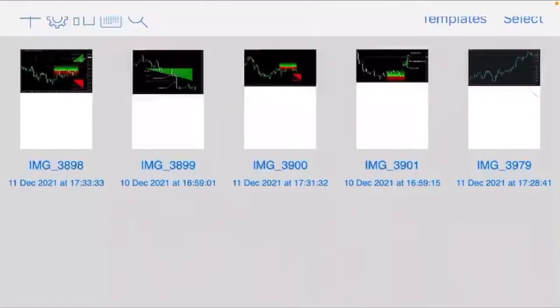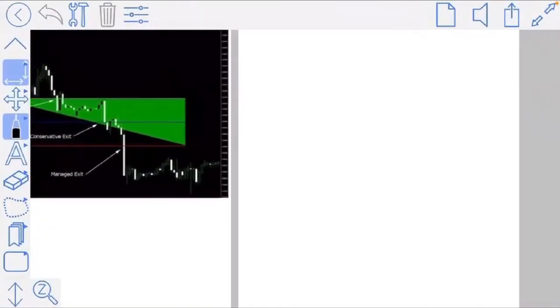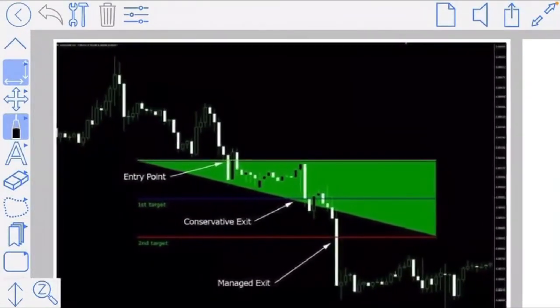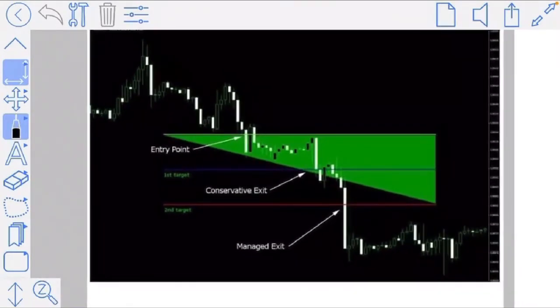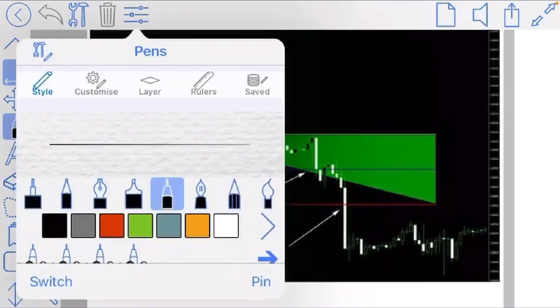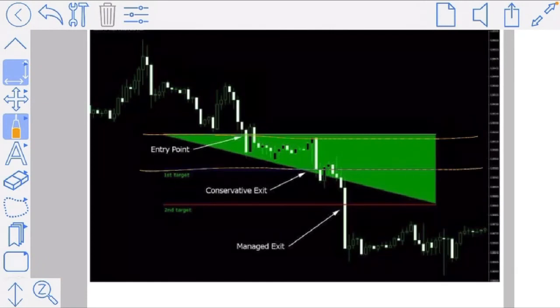Let's look at another example. Here you can see clearly what the chart is, and in this trade the entry point is here, triggered, we sell. First target 15 pips achieved, second target 30 pips achieved. It's a full win trade here.